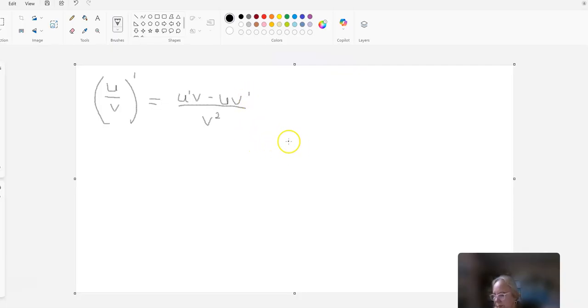As an example, we can look at the function f of x, which is a rational function, or we can say a quotient: 4 subtract 3x divided by 3x squared plus x.